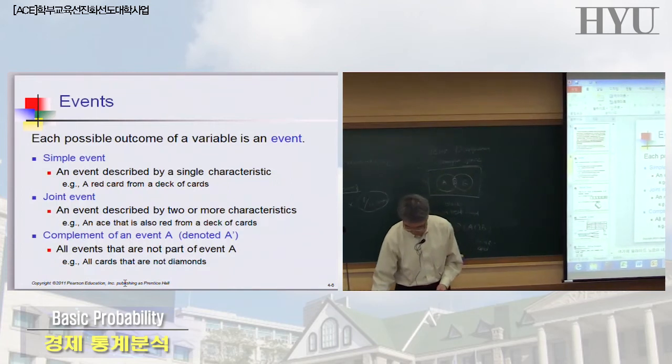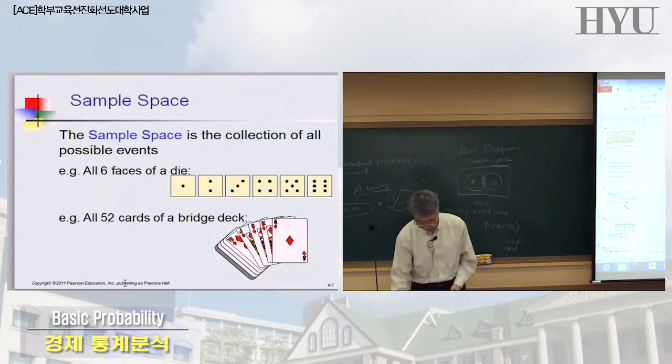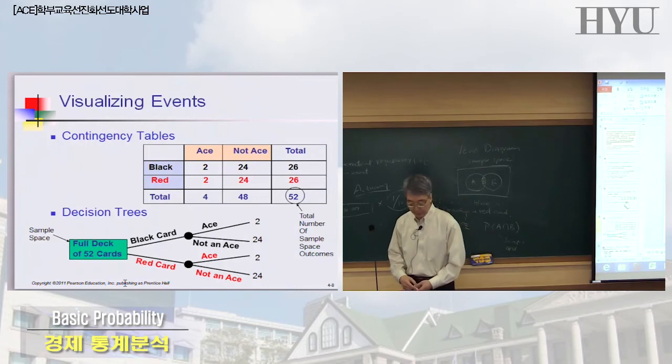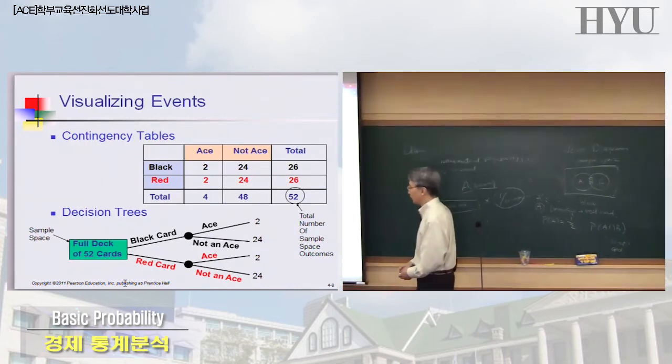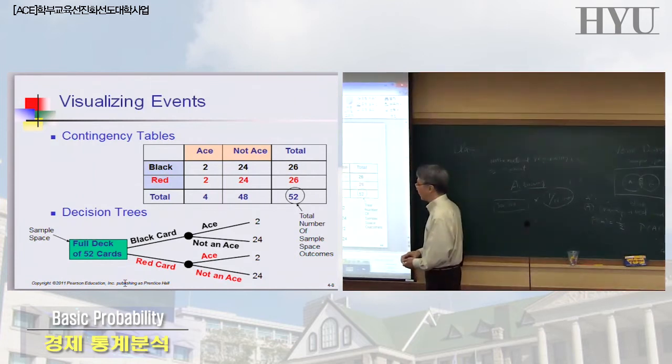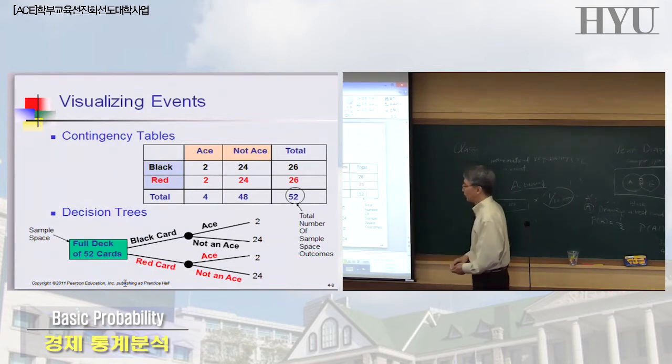All right. So we talked about the sample space already, and let's use the same example to discuss it further, because there are different ways of visualizing events. The first way is using the tabular approach, the contingency table.